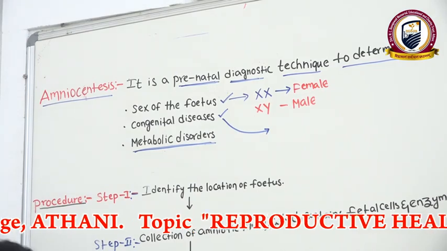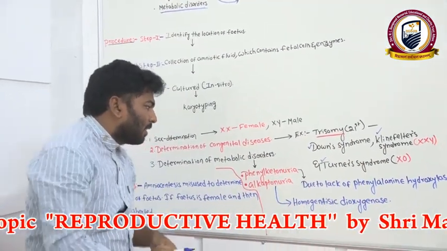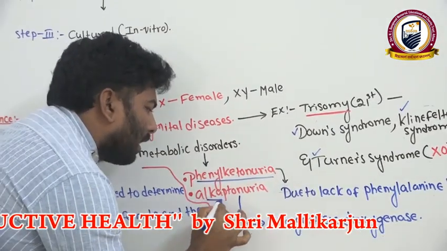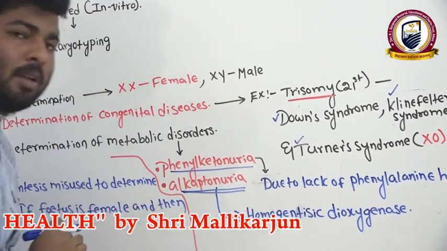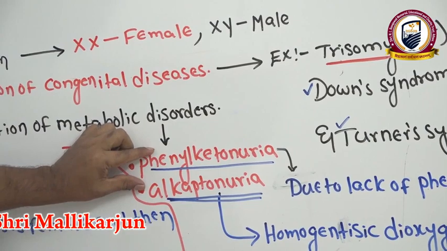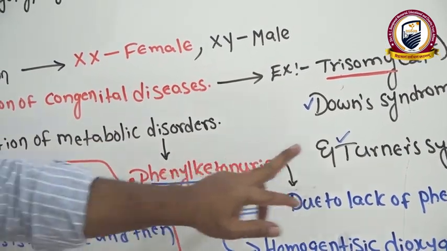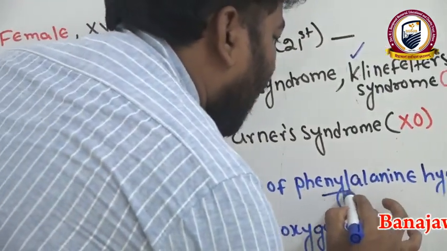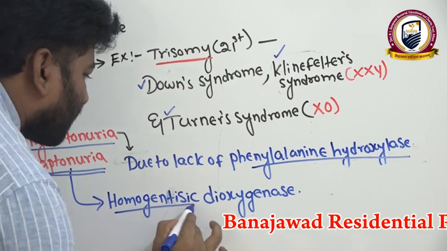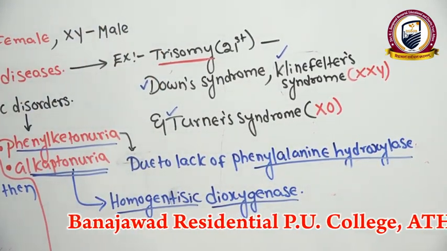Next, we are also determining metabolic disorders using this technique. The metabolic disorders which the baby can get are phenylketonuria and alkaptonuria. These disorders are acquired by the baby due to the lack of the phenylalanine hydroxylase enzyme and the lack of the homogentisic acid dehydrogenase enzyme.